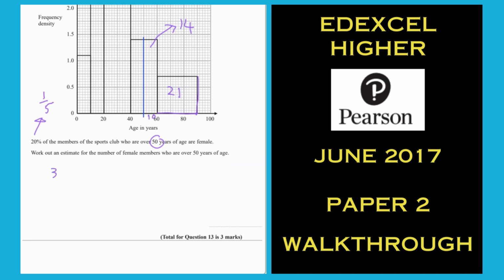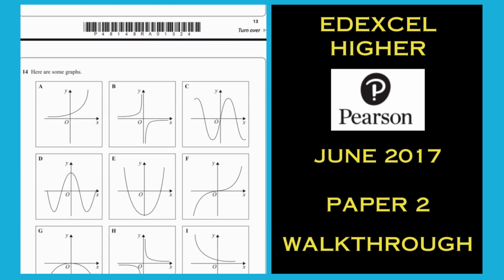We have 35 who are above 50. But a fifth of them are female. So a fifth of the 35 are female and over 50. A nice histograms question, in my opinion. There's definitely much worse.